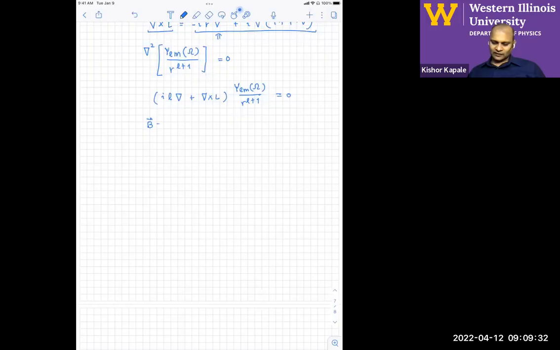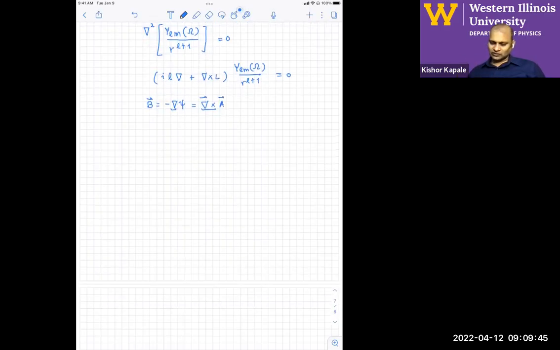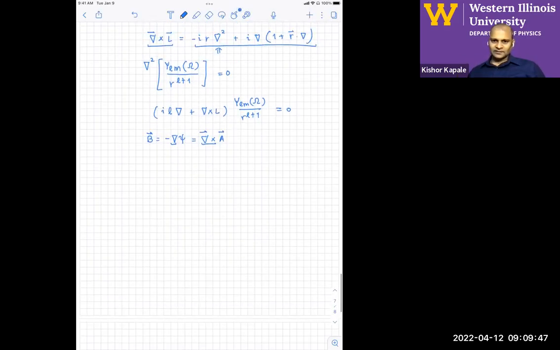So the magnetic field is negative gradient of psi, or it is curl of A, right? So whenever you have a gradient operator, we are replacing it with curl, right? And that's the connection between the two. And once we have that, A of r can be written as mu0 over 4 pi.